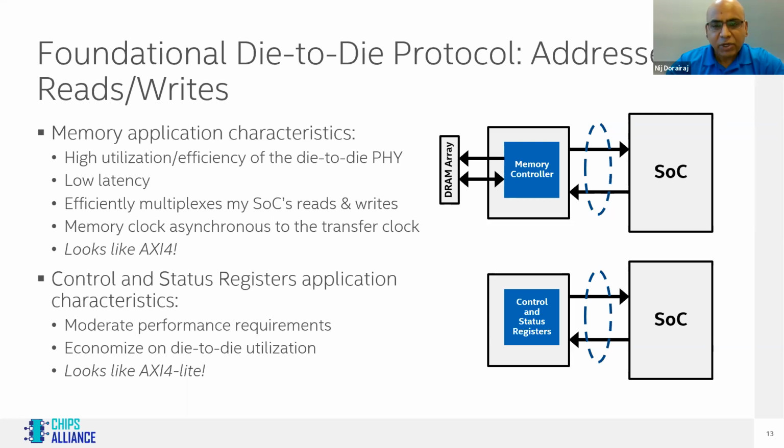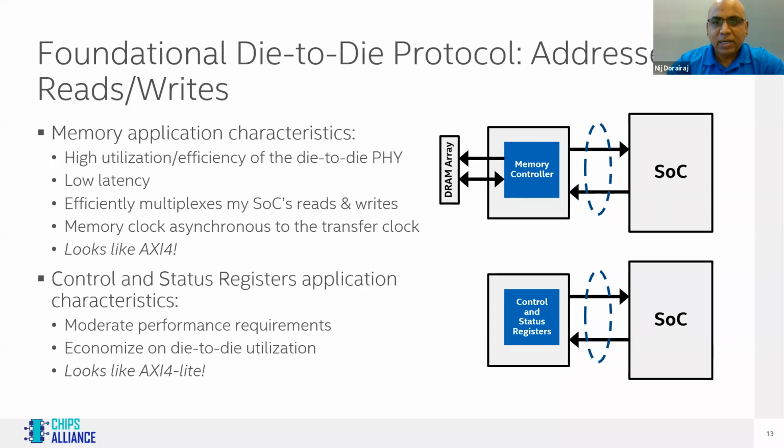A slight variation is when the SoC wants to read and write into the control status register. It does something very similar to AXI4, but because my performance doesn't have to be the same as a memory controller, I can economize this connectivity and do a low performance interface to read and write into the control status register. And this is exactly what AXI4 Lite does.